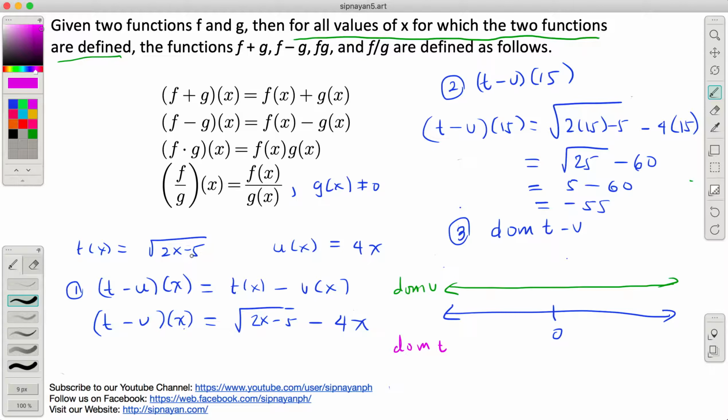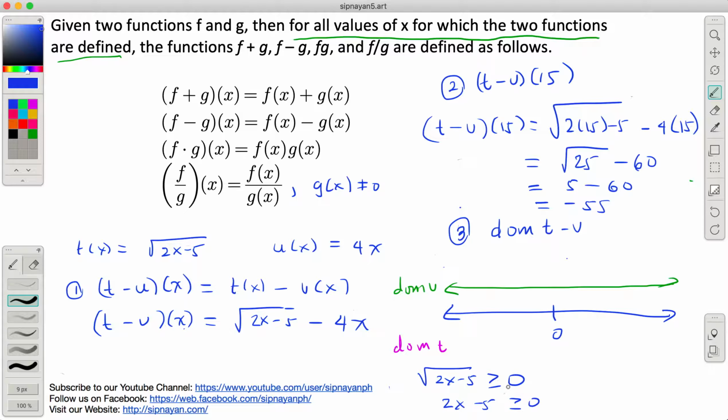Wala naman square root yung negative, di ba, sa set of real numbers. So, ibig sabihin, it's either 0 ito or positive. This means that square root of 2x minus 5 must be greater than or equal to 0. If we square both sides, matatanggal yung ating radical sign. Magiging 2x minus 5 is greater than or equal to 0.